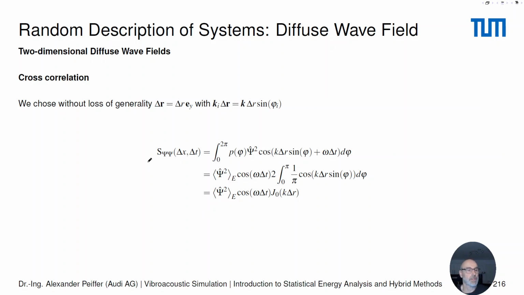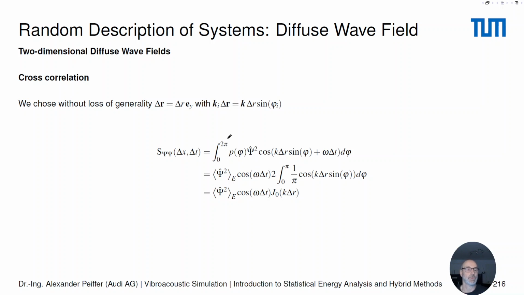In the cross correlation formulation, we choose one direction without loss of generality, and then we can formulate this k delta R expression by using a sine expression, which is the azimuthal angle given in the two-dimensional surface.